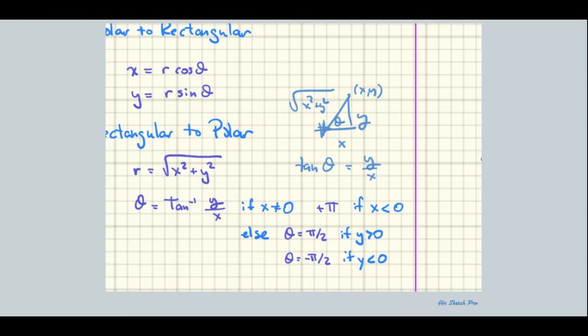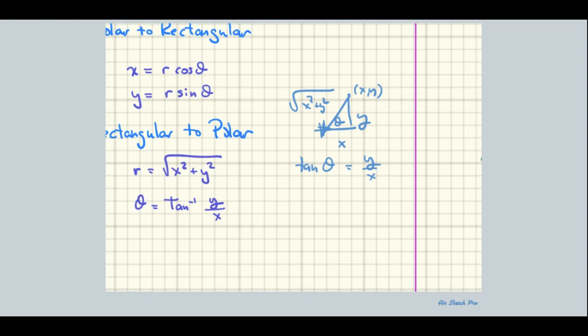Cosine is an x thing, sine is a y thing, tangent is a slope thing. So your first thought is, no problem, guys. You're looking for the angle, it's just arctan of y over x. Done, right?